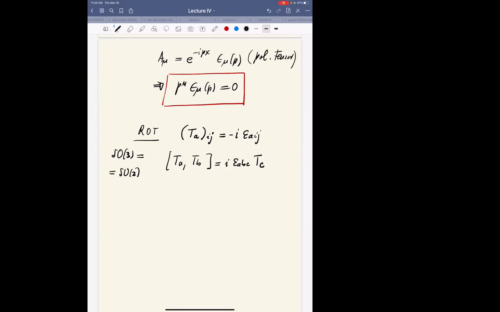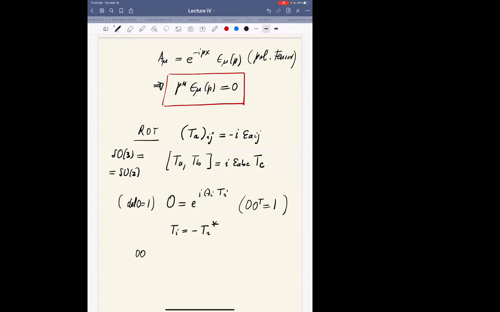If you wish, SO3, after all, is an orthogonal matrix that you can write as e to the theta i Ti. Just write like this, O transpose O is 1. For SO3, determinant O is 1. Since O is real, Ti must be imaginary.